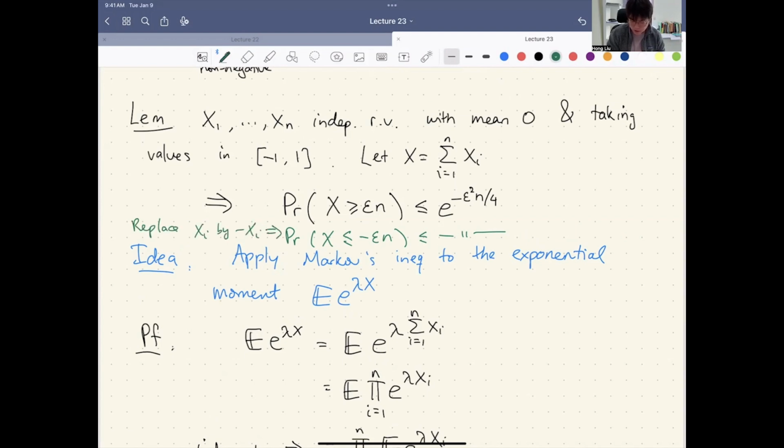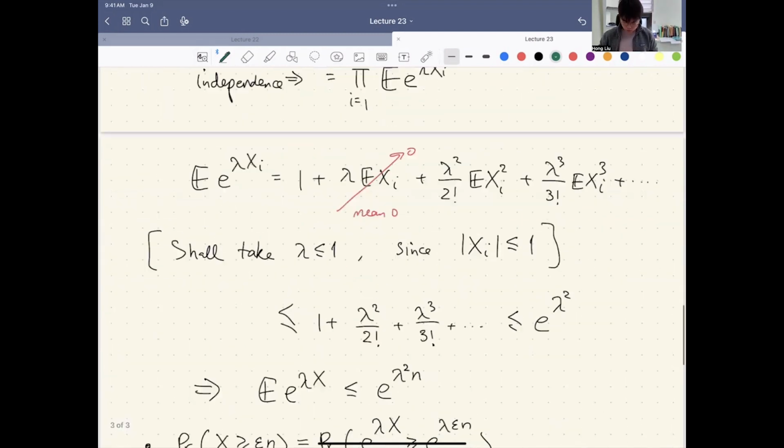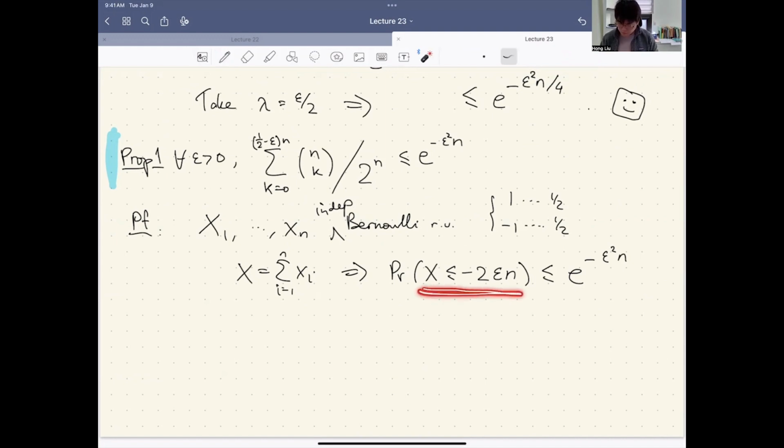You'll get this symmetry. Okay, so we're going to use this for minus 2 epsilon n. This is at most e to the negative epsilon squared n. We have this. Now let's look at what this is. What does this event mean?